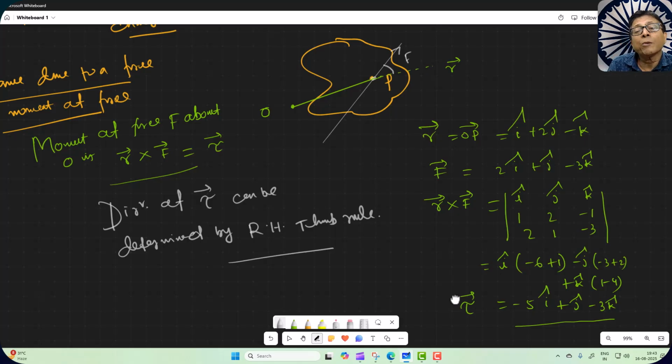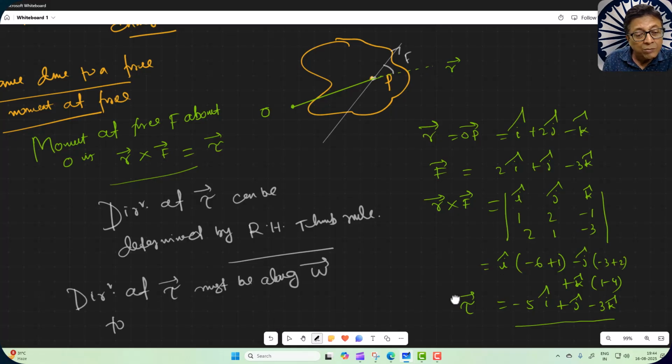And if the rigid body rotates, if the body rotates for this force or the particle rotates, then axis of rotation is perpendicular to the plane. So direction of tau must be along omega to rotate an object.